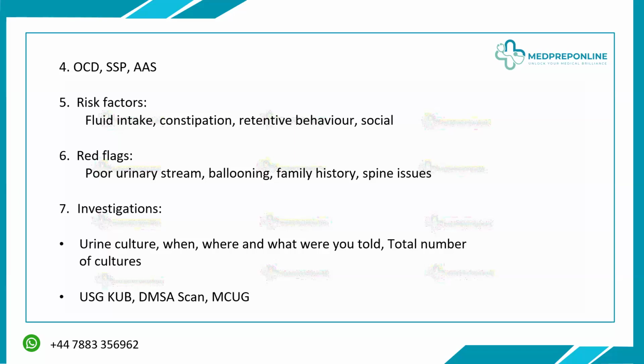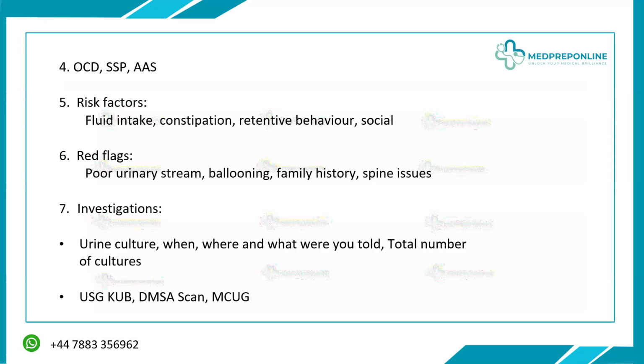And you can ask what investigations have been done so far, especially focusing on urine culture. You can ask when it was done, where it was done, and what you were told about this. So you have to figure out the total number of urine cultures that were done, and where these were done.